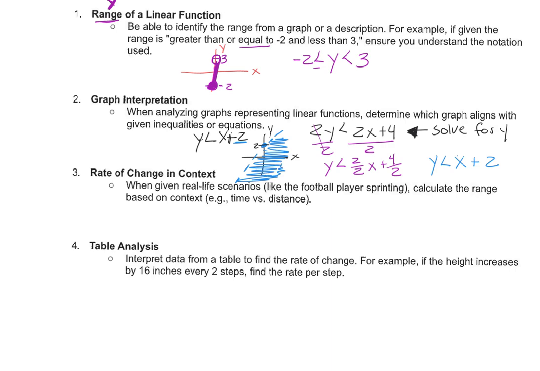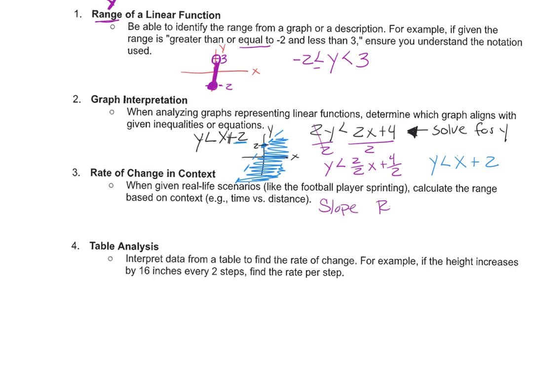Rate of change in context. When given real scenarios like the football player sprinting, calculate the rate based on context, or like time versus distance. So rate of change, when you read that word, I want you to remember that you are dealing with the slope.